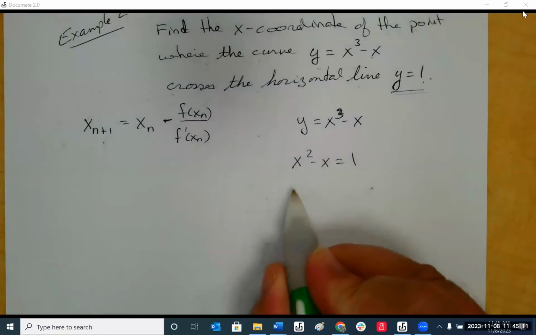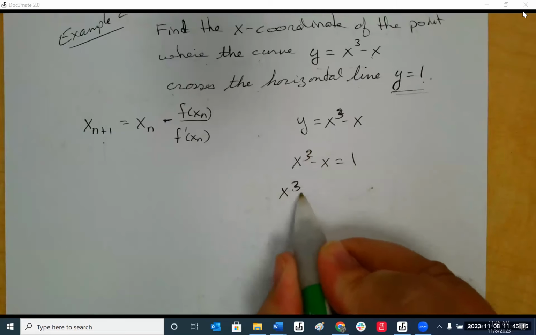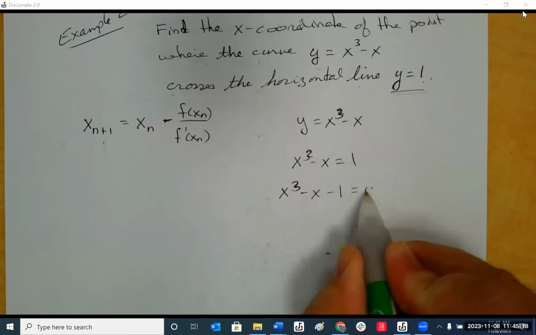Actually, let's look at what happens here. It has to be set equal to 0: x cubed minus x minus 1 equals 0.